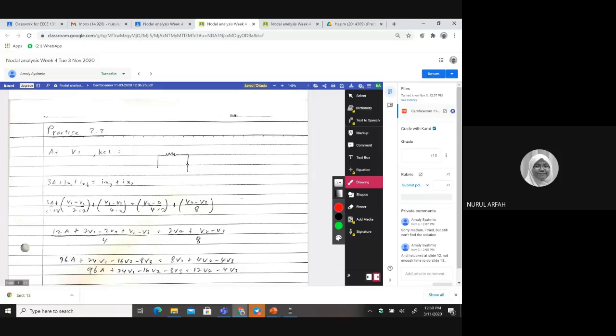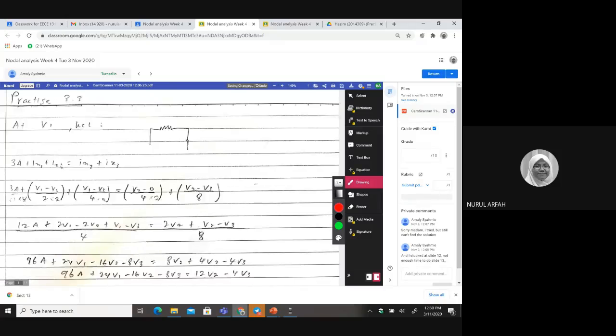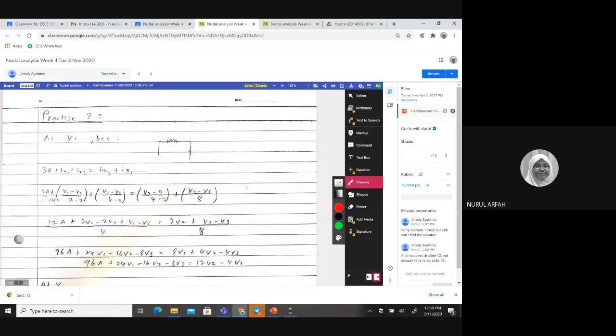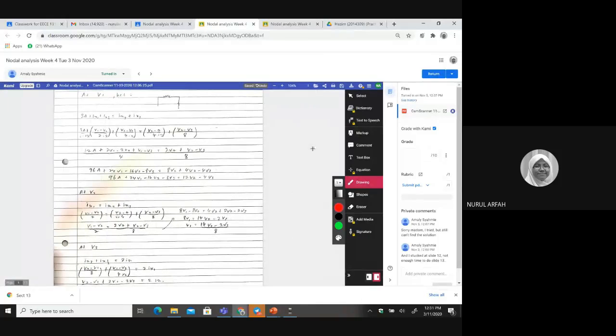If you look at your friend's answer here, like I said, I will check your figure first. If you give me your figure, there are marks on the figure. And next, even though you put something like this, I will spend more time figuring out what you have here and also what you have here.